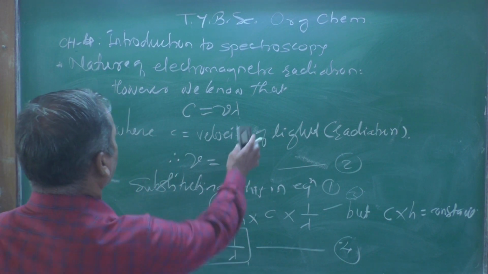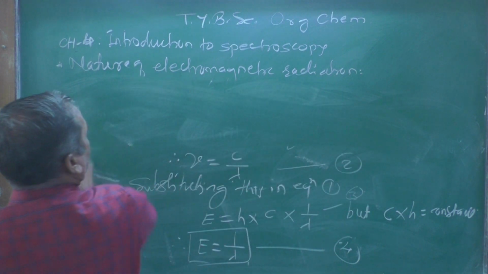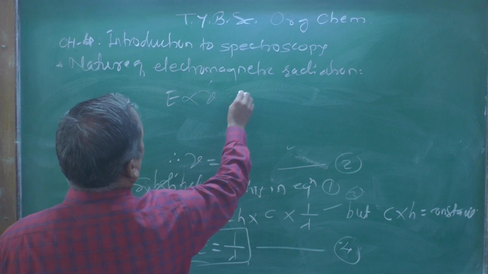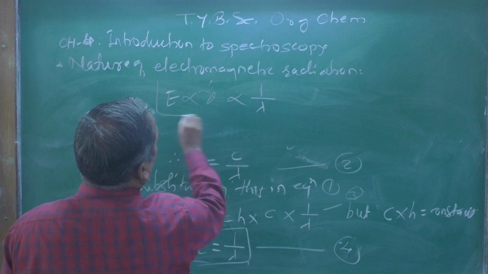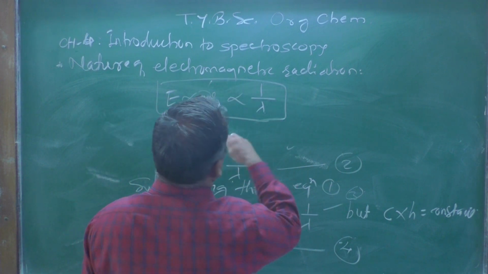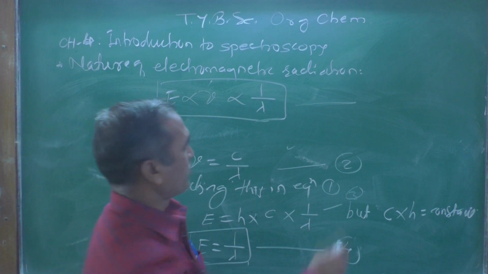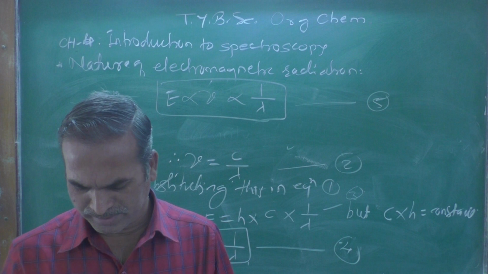Therefore E is directly proportional to nu, and proportional to 1 upon lambda. This is equation number 5.